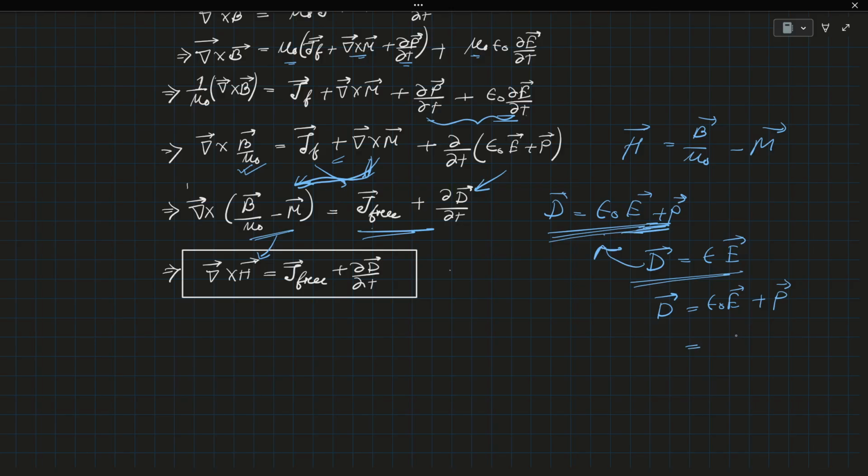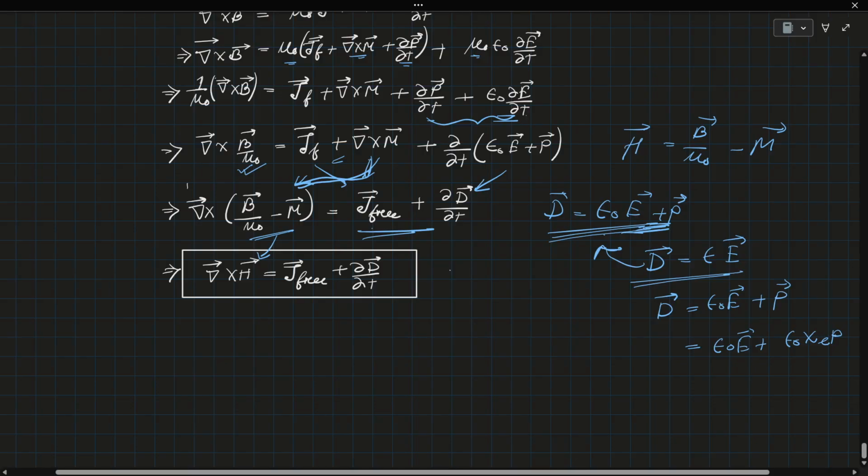And P can be written as epsilon naught chi E. So D equals epsilon naught E plus epsilon naught chi E. Let's take it common: 1 plus chi E times E, right?